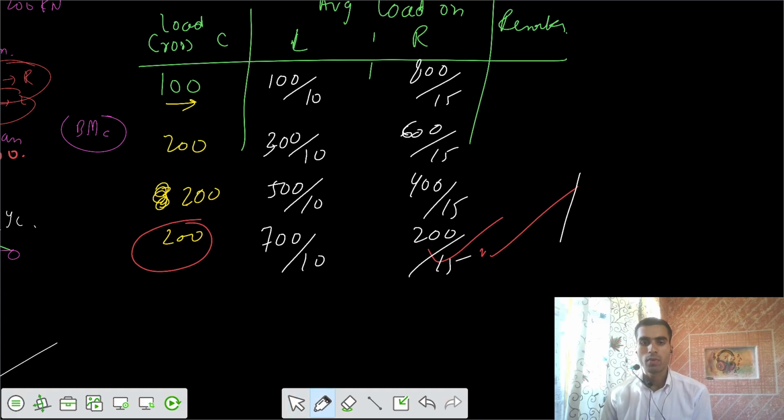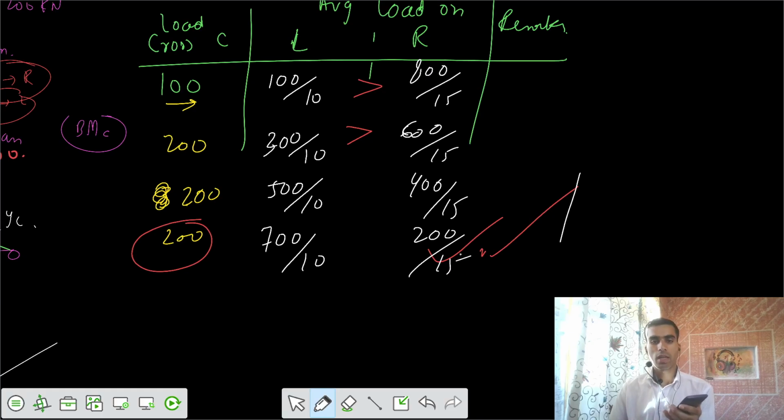If we check where the change of sign is, this is 30 by 10, this is 30, and 600 by 15 is 40. 100 by 10 is 10, but 800 by 15 is greater.